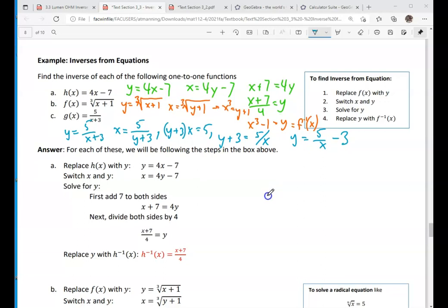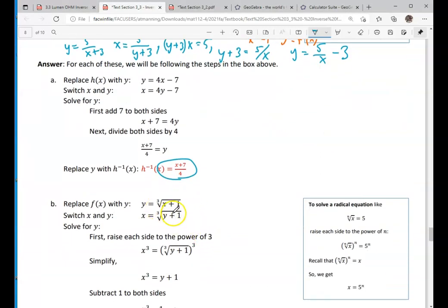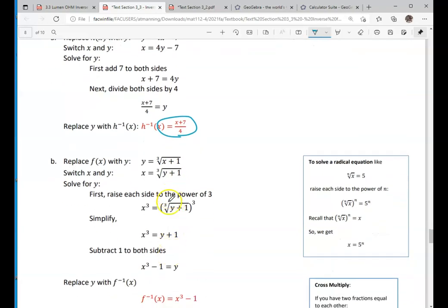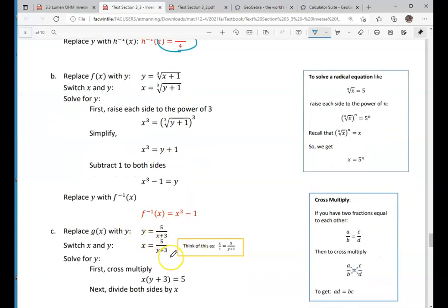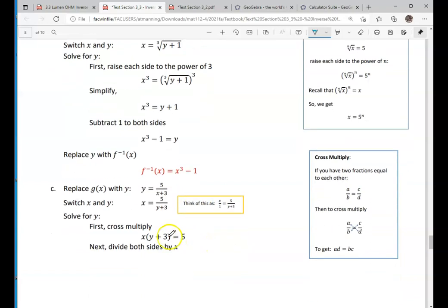We went through the different functions, x plus 7 divided by 4. There's their answer. Yeah, we got it right. Cube root looks kind of scary, but if we just switch x and y and then solve for x, we get a decent looking function and see that we find the inverse.